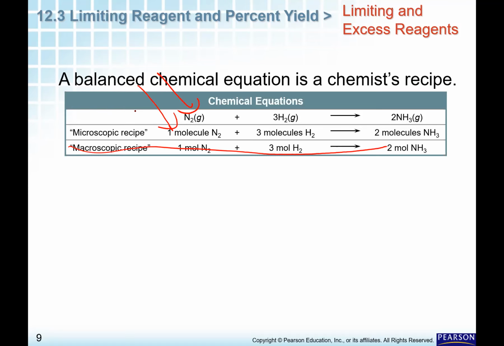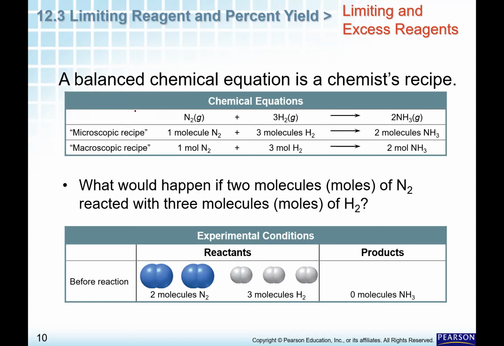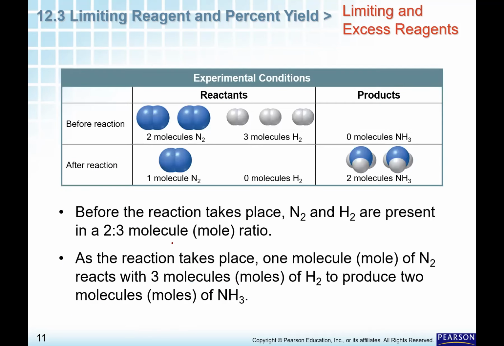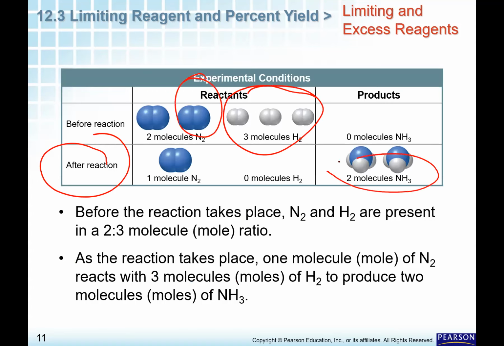Imagine that I gave you 3 molecules of hydrogen and 2 molecules of nitrogen. Before the reaction, we have 0 molecules of the product. We have 3 of this and 2 of that. Let's start the reaction. After the reaction, they will react according to the chemical equation. 3 of this will react with 1 of that to produce 2 of the product. What is left extra? 1 molecule of nitrogen.